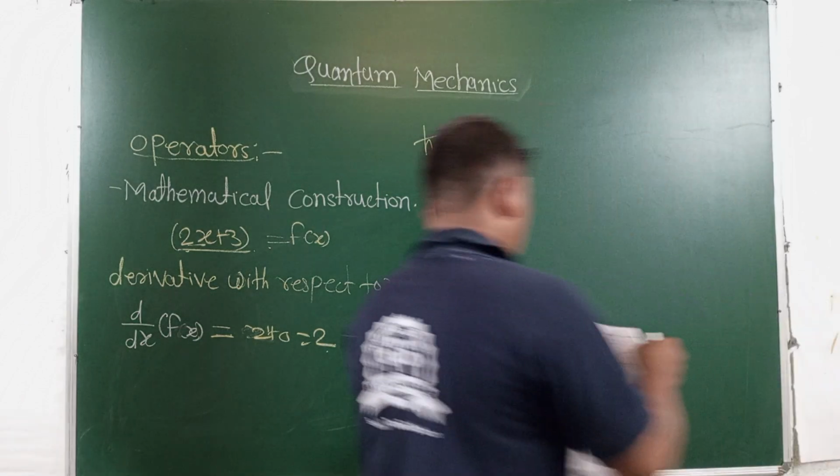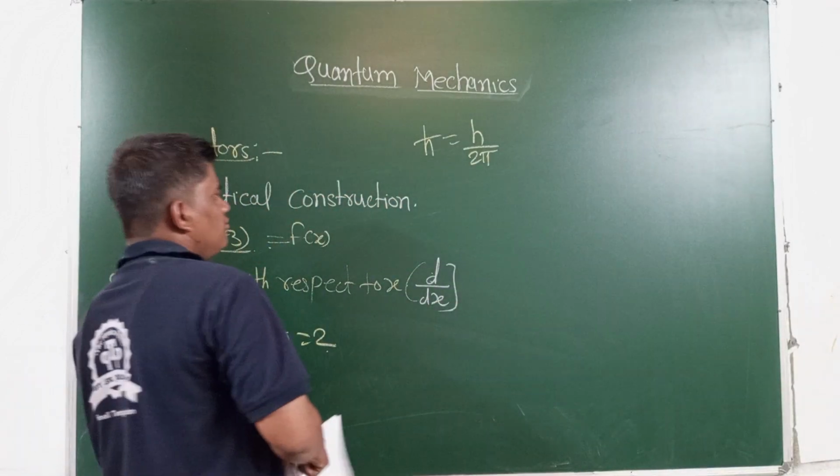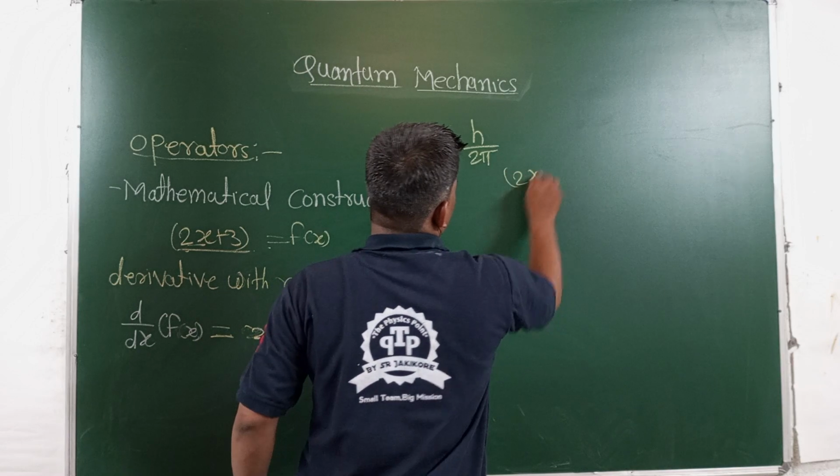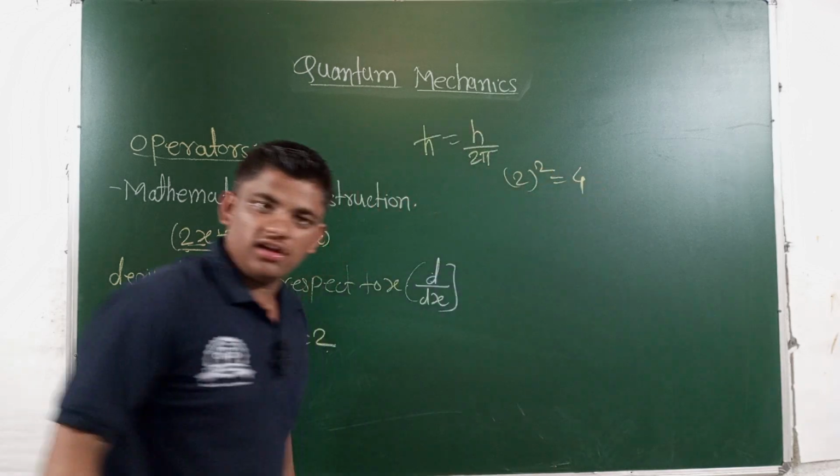There is taking the square. If we use one of the numbers and take the square of that number, we get a different number.